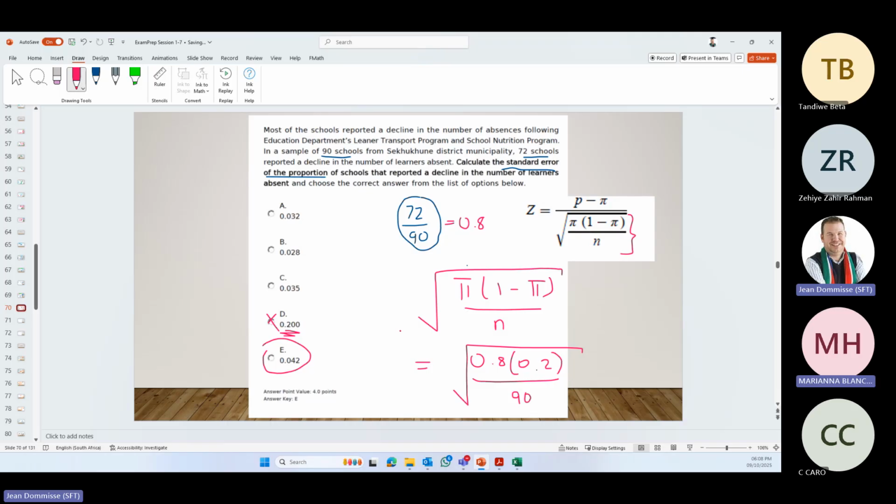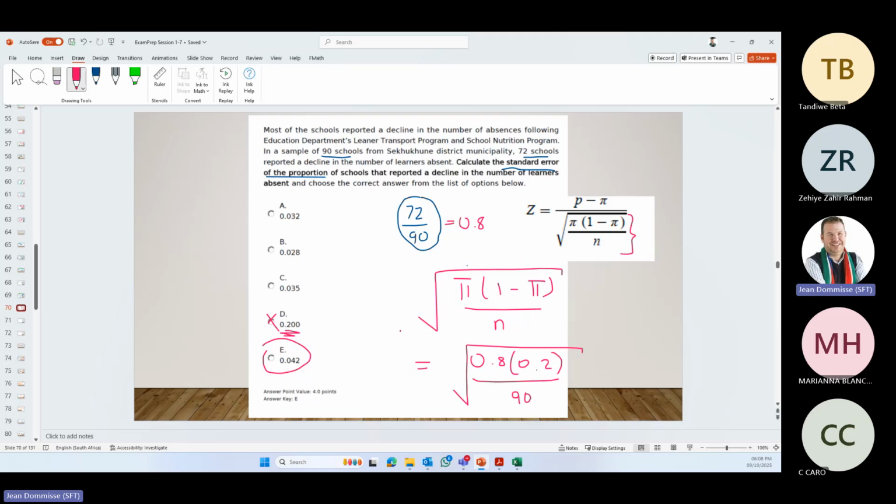Okay, so very important also when you do it, understand the standard error of the mean, then you can get a Z with a mean, but you need to work out the probability.